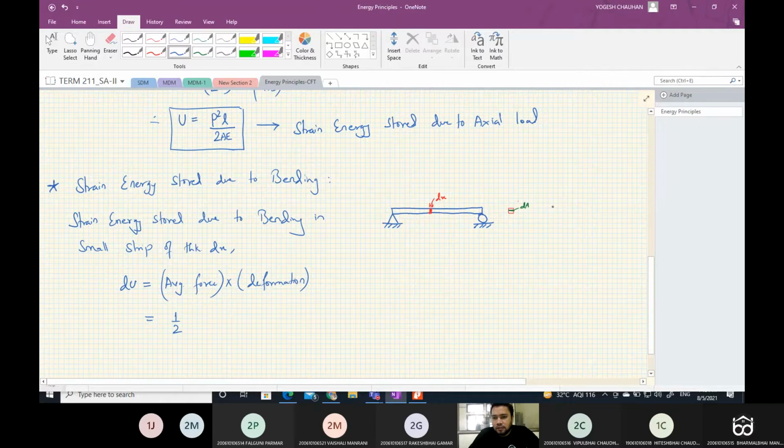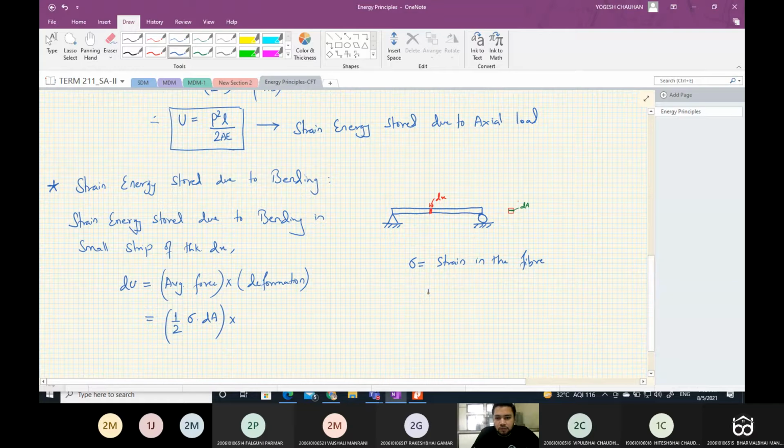Now let sigma be the stress in the fiber. So the average force will be 1 by 2 sigma into dA, that is the area of the small elemental strip. So this multiplied by the deformation.